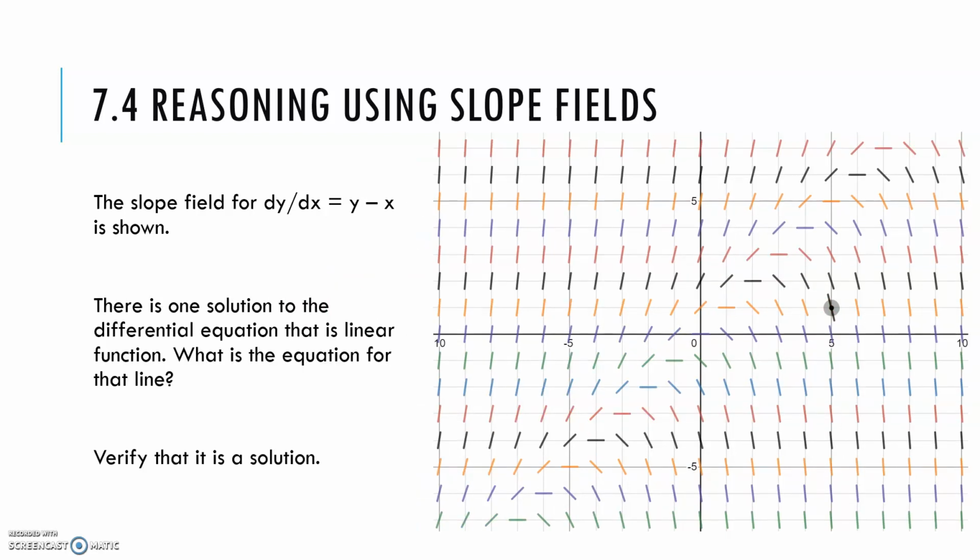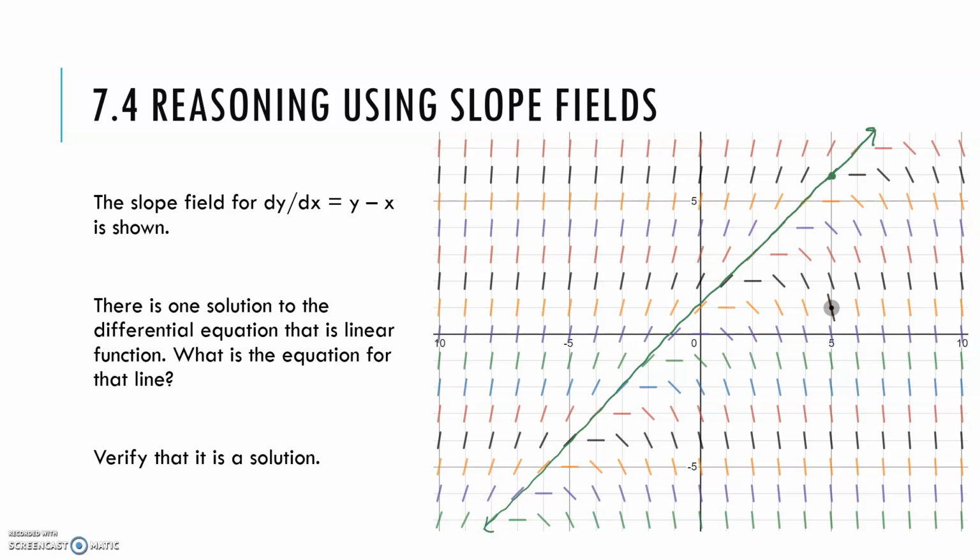Then this question says there's one solution to the differential equation that is a linear function. What is the equation for that line? And when I started at 5, 1, it was not a straight line. But if I had started up here at 5, 6, then I would be along my asymptote. I would actually be on the asymptote, so I would have a linear function there.